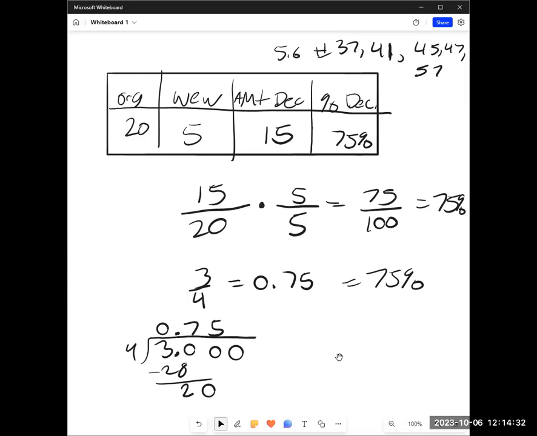Now, we're always stating this as a positive number here, but you could always use the formula that if you take the new amount minus the original amount over the original amount, and it comes out to be a negative answer, then that's a percent decrease.